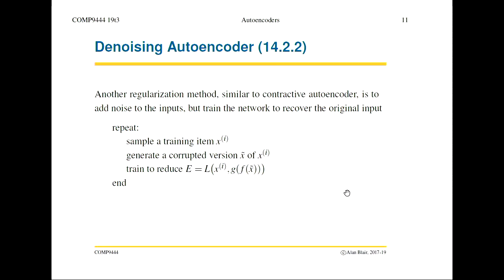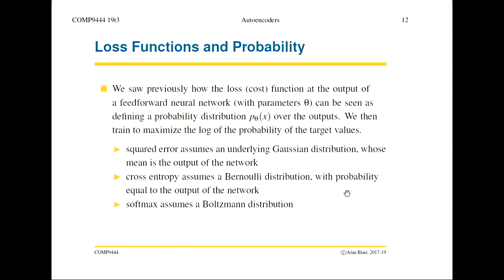But then the autoencoder tries to reconstruct not the fuzzy version but the original image. The task of the autoencoder is it's given the corrupted image and it tries to produce the original image. Right? So you sample an image, the corrupted version is x tilde, and then it's trying to reduce the distance between x, the original image, and g of f of x tilde. Okay, so these are just different forms of regularization.